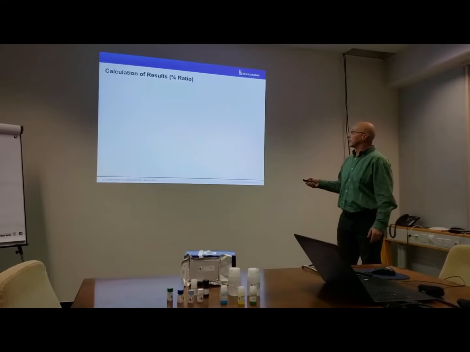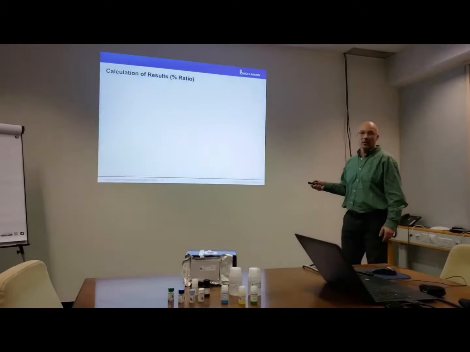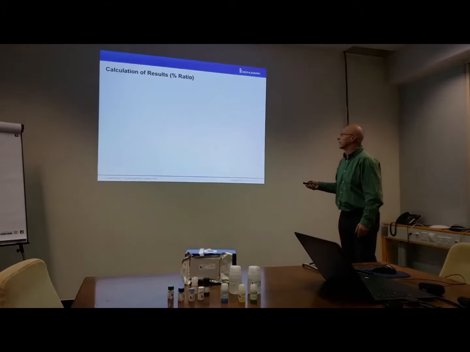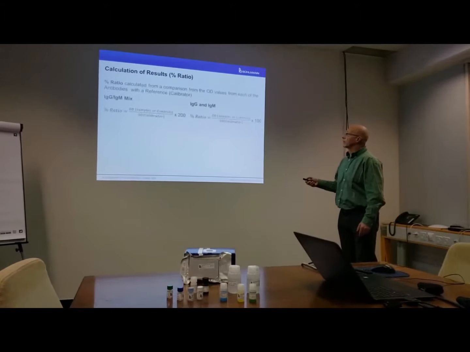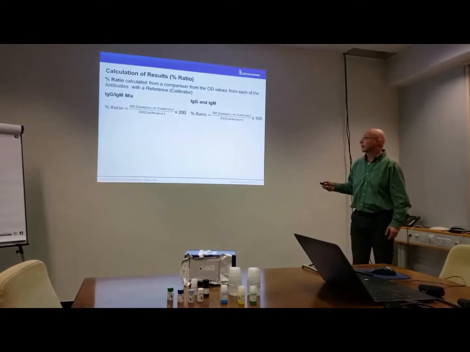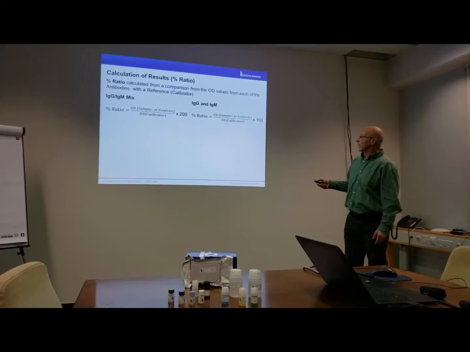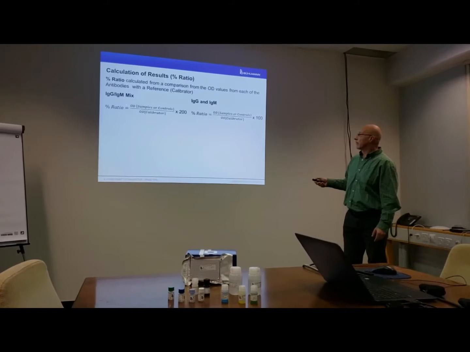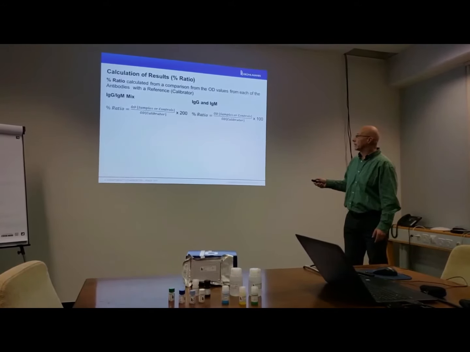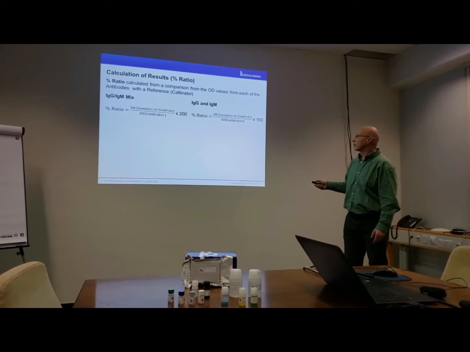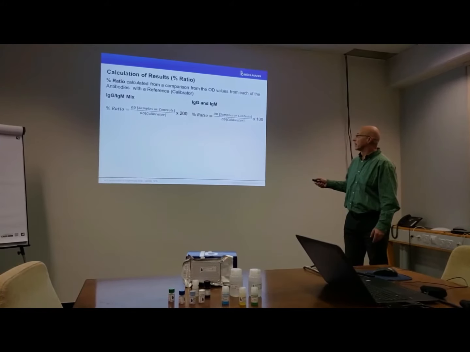How are the results of a GanglioCombi Light plate calculated? Now the results are expressed as percent ratio. In order to do so, you have to take the OD values and compare them with the OD value of the calibrator.